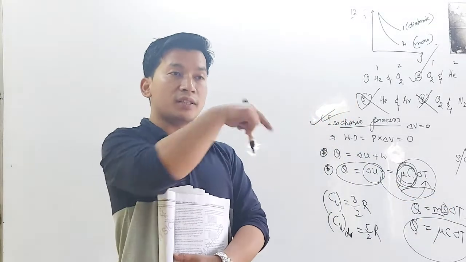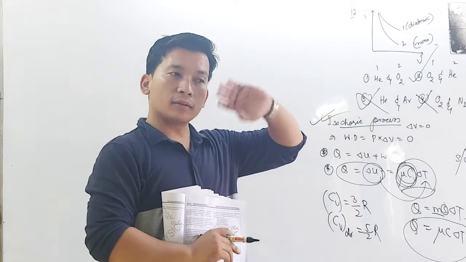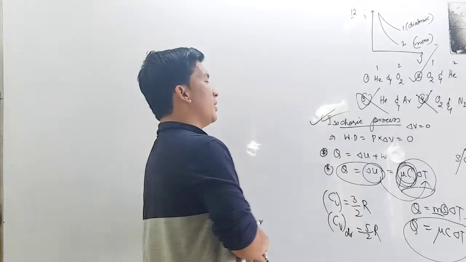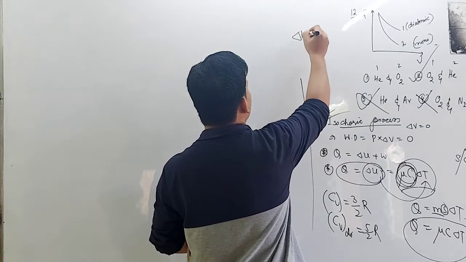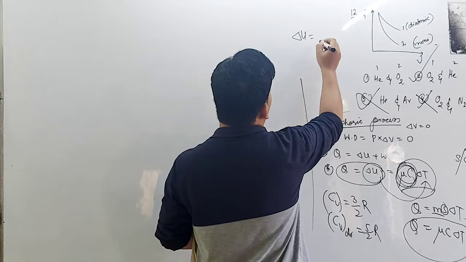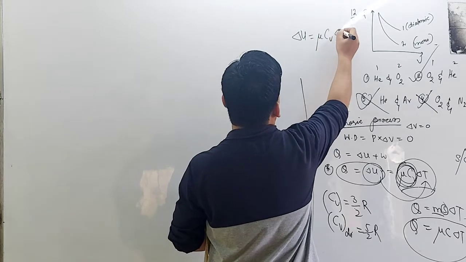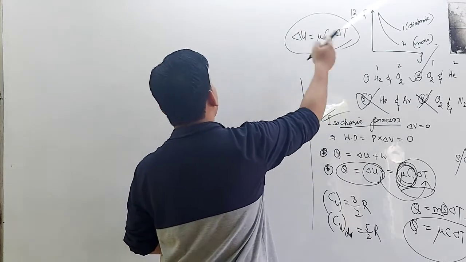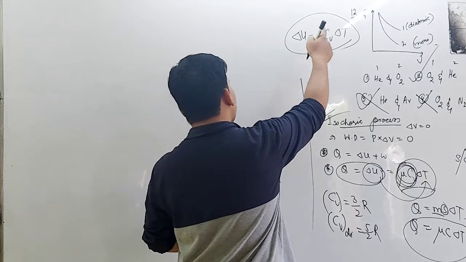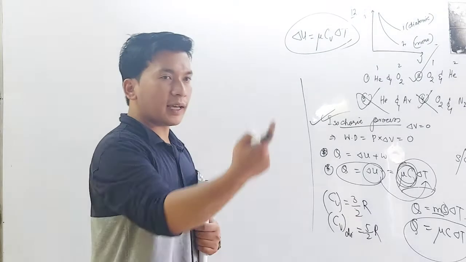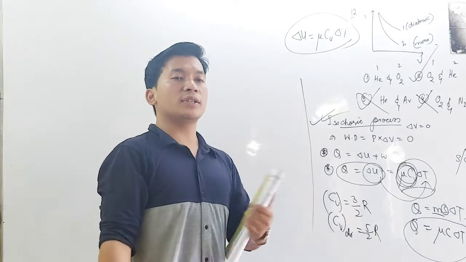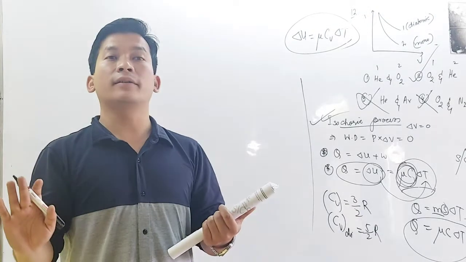What I want to conclude here is: forget everything, and if internal energy is being asked, you simply apply mu C_V delta T. Number of moles times heat capacity or specific heat at constant volume times the change in temperature. That's all.